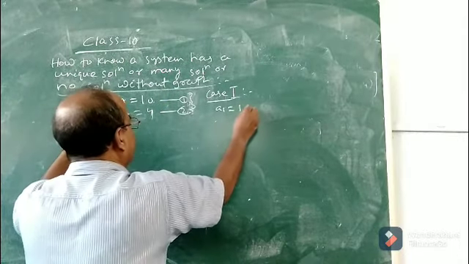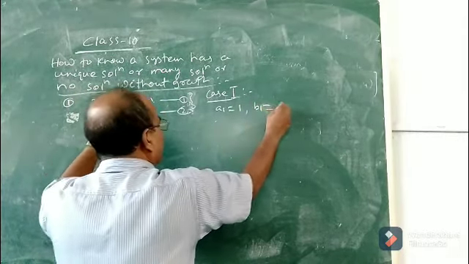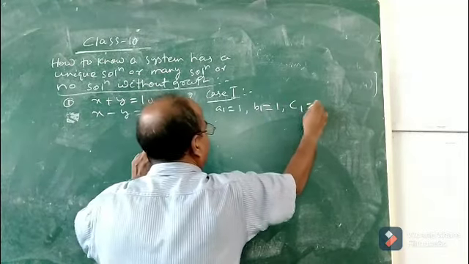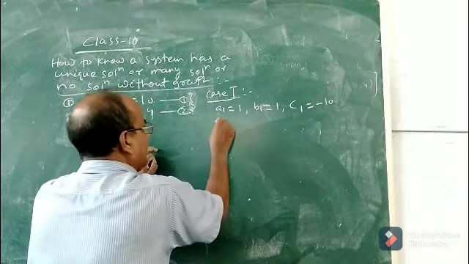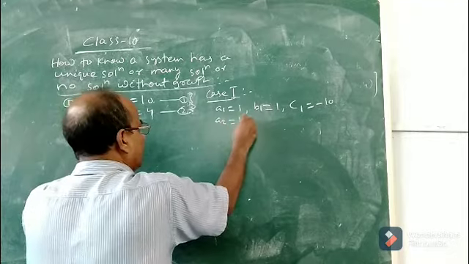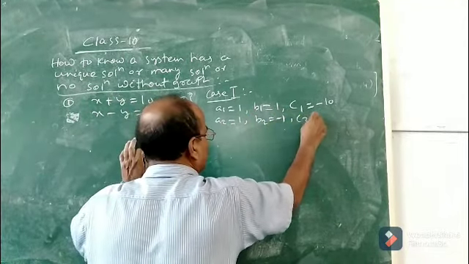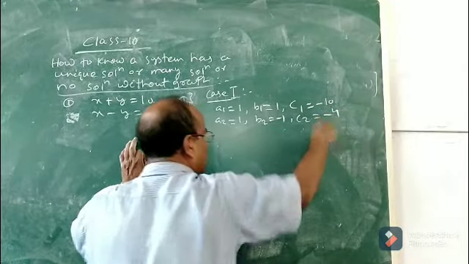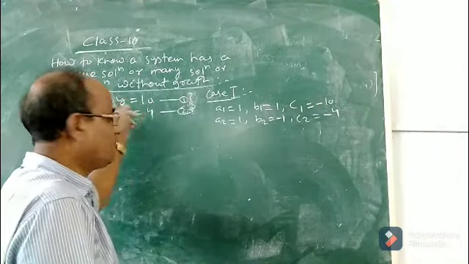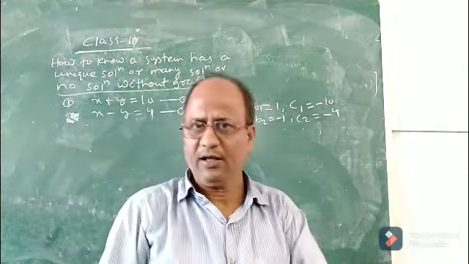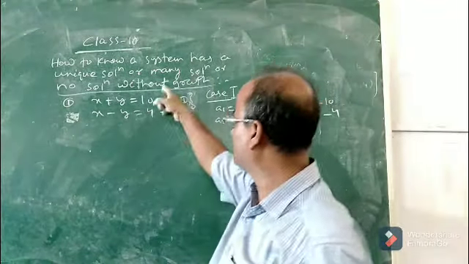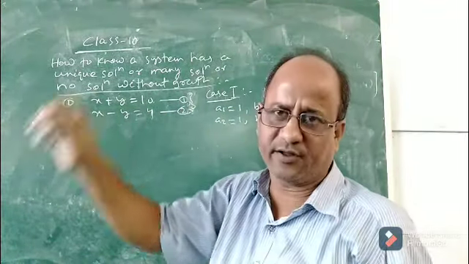So here A1 will be 1, B1 will be 1 and C1 will be minus 10, and A2 will be 1, B2 will be minus 1 and C2 will be minus 4. First you find the values of A1, B1, C1 and A2, B2, C2 from the given pair of linear equations.